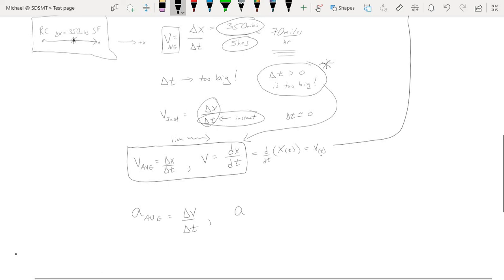Our instantaneous acceleration is dv dt, but where did v come from? Well, v came from dx dt, which means we can actually get the same acceleration by taking the second derivative of our position function.